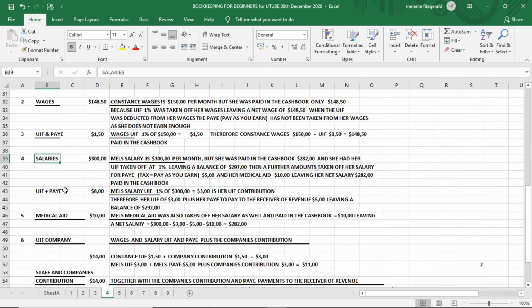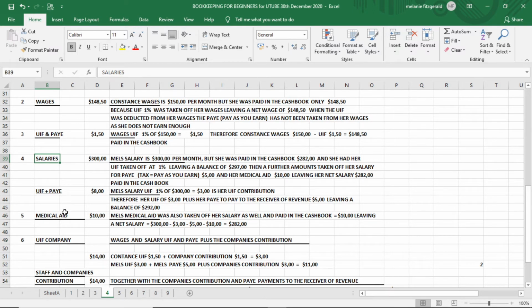All right. The UIF and the pay as you earn of $8 from Mel's salary. Mel's UIF is 1% of $300, which equals $3. Therefore, her UIF of $3 plus her pay as you earn to the receiver of $5, leaving a balance of $292.